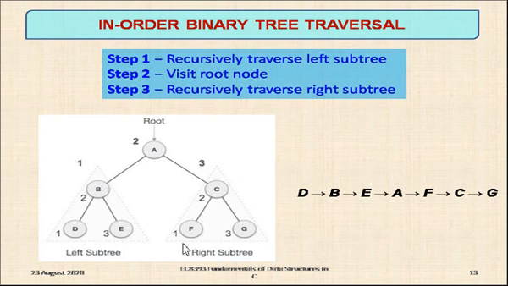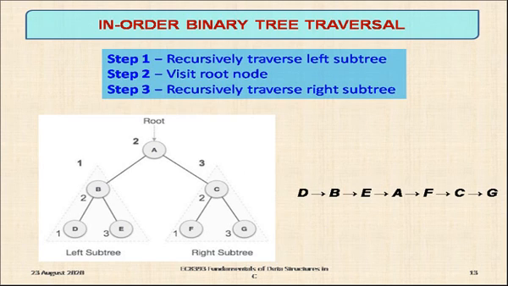Then traverse the right subtree: F. Then visit the root C. Then traverse the right subtree G. So this is the way we have to traverse using the in-order technique. Normally this kind of technique is used to sort the data elements available in a tree.